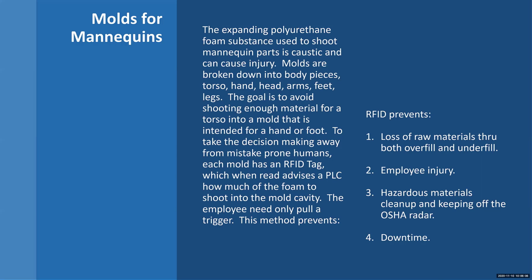into a mold. The molds are identified with an RFID tag, and like the pay at the pump, we attached an RFID reader that was attached to their PLC to identify that mold and then shoot the polyurethane that's necessary for each specific mold into the body of that mold.